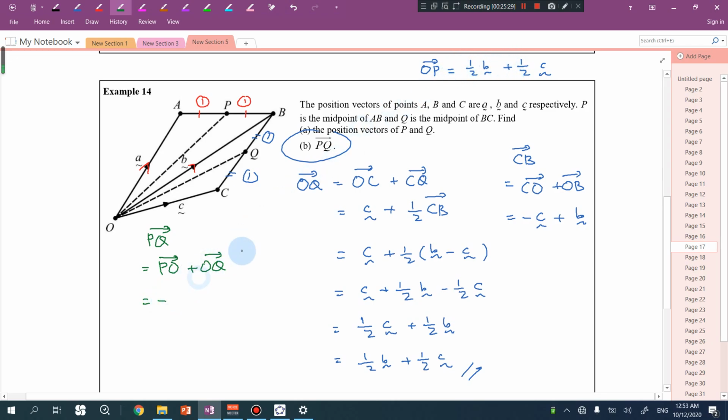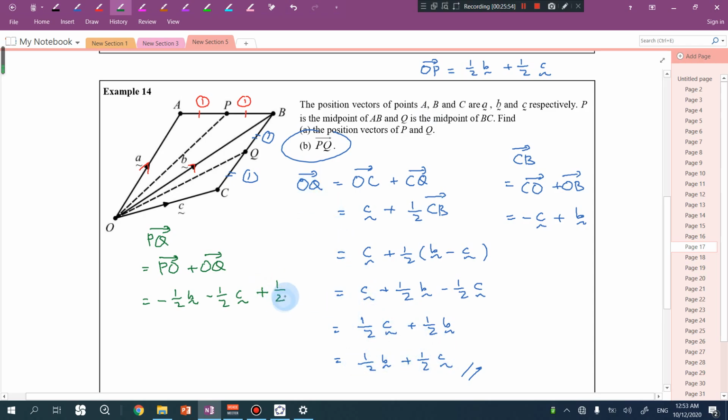So we have to write negative 1 over 2b, and negative 1 over 2c. The reason I change the sign is because this is PO, this is OP, different directions, opposite direction. So OQ, no problem. This is OQ, right? We just copy this whole thing.